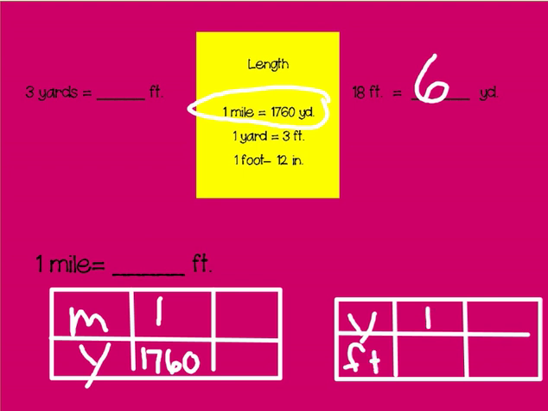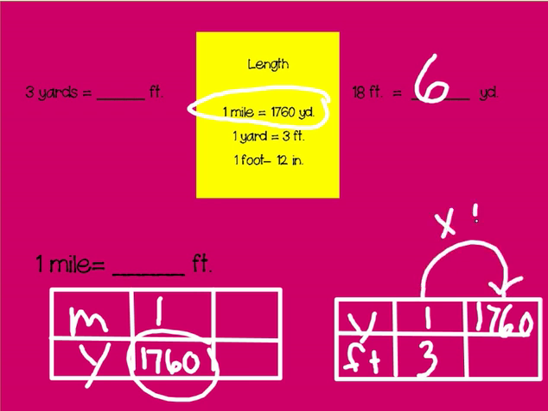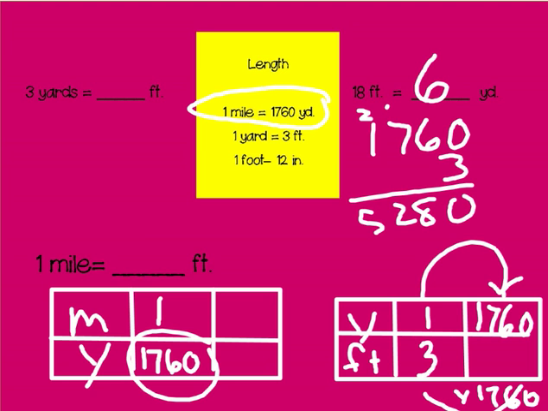I know there is 1 yard for every 3 feet, and I have 1,760. The scale factor is easy to see. It's times 1,760. So I multiply 3 times 1,760. When I multiply 1,760 times 3, I get 5,280.